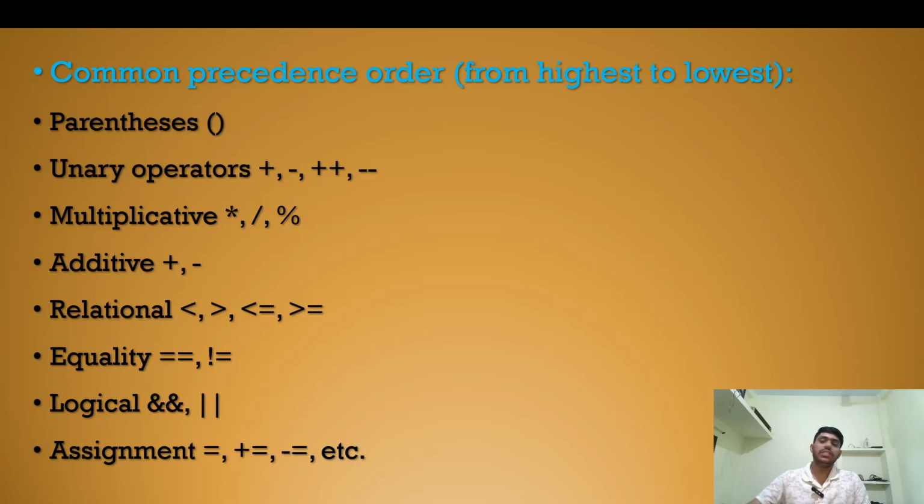So this is the order I told you now. Parenthesis, first the bracket, will be evaluated. Any kind of bracket is opened, then unary operators, then multiplication, division, modulus and floor division, additive: addition, subtraction, then relational: less than, greater than, less than or equal to, greater than or equal to, equality, not equal, logical and, logical or, assignment, equal to, augmented assignment, and so on, highest order to lowest order.